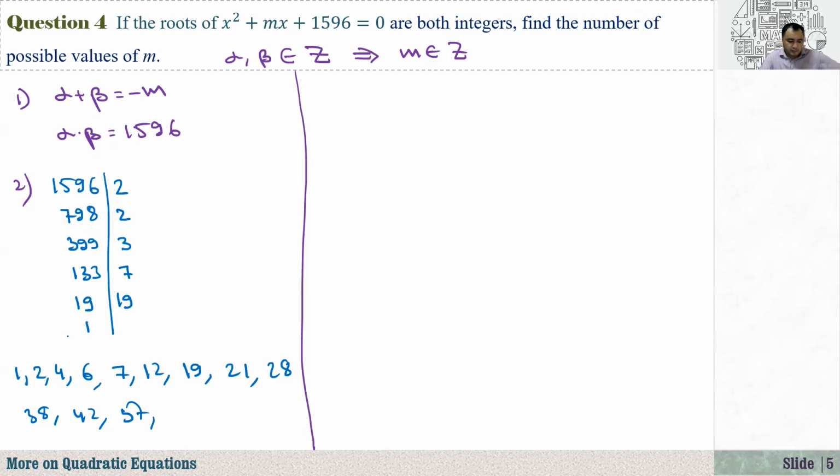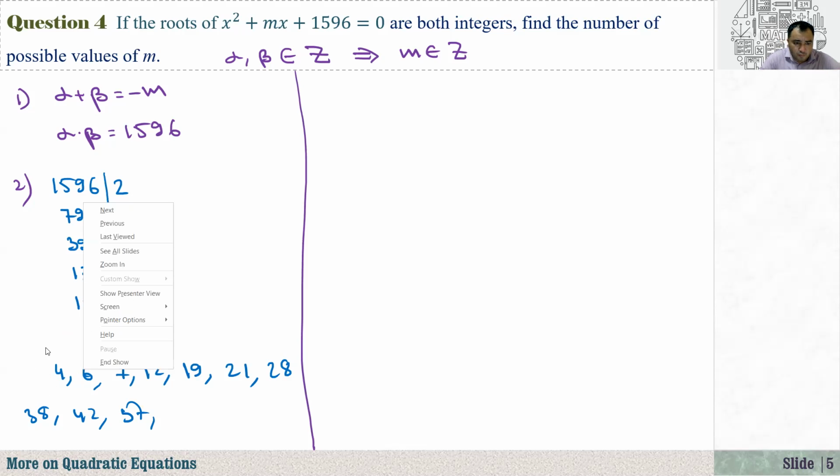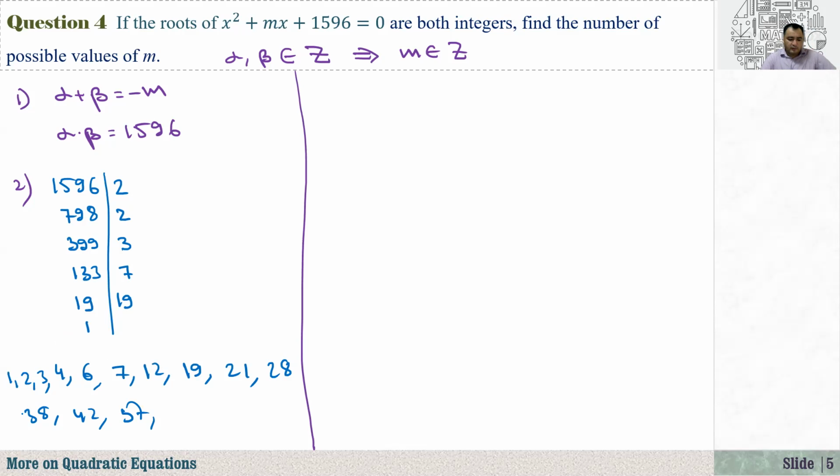How can we skip 3 here? Okay, here we have 1, 2, 3, 4, 6, 7, 12, 2 times 7, also 14 and 19, 21, 28, 38, 42, 57, 76, 84, and so on. You can just write this.